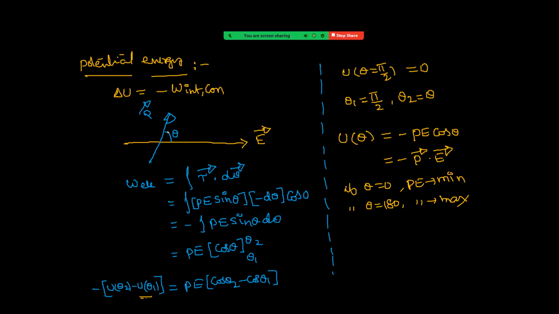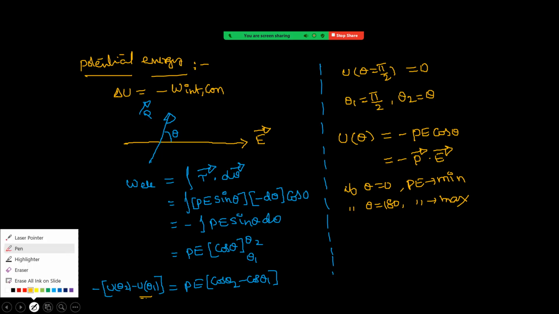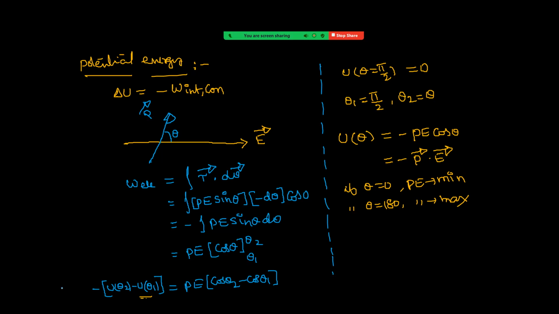Then see what the torque is. Initially it was along E bar, the stable equilibrium position.